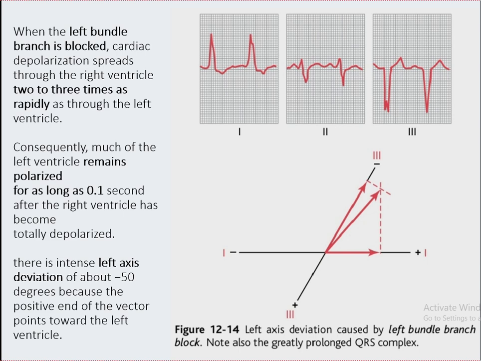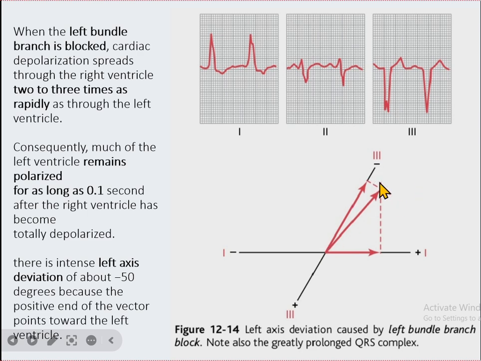The right ventricle will get depolarized first, and for the time when the left ventricle is not yet contracting, the mean vector will deviate towards the left. Then for the remaining time of the QRS, the direction is mainly towards the left. That is what causes the left axis deviation.